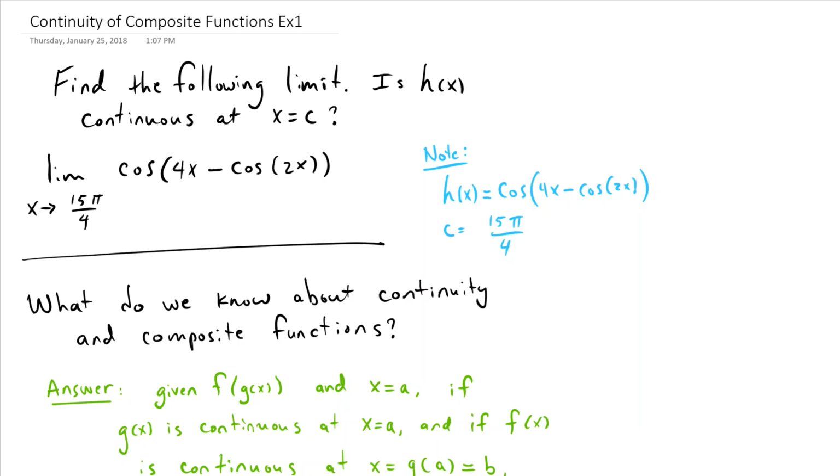Today we're going to talk about continuity of composite functions. Specifically, we'll talk about composite functions that happen to be trig functions, like cosine.